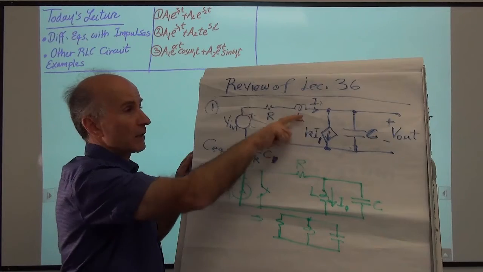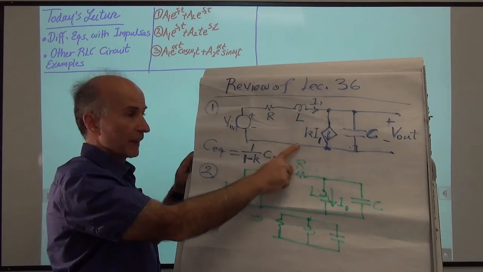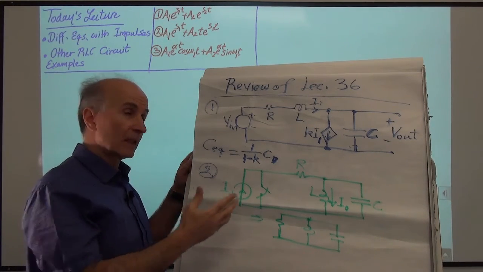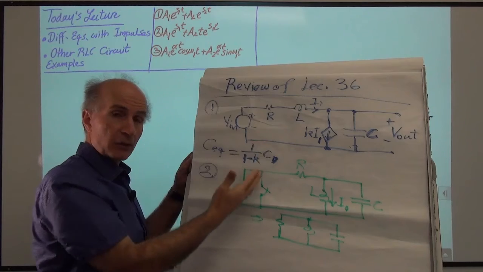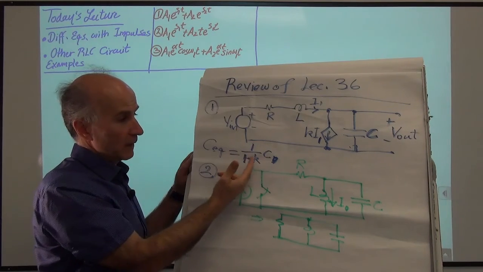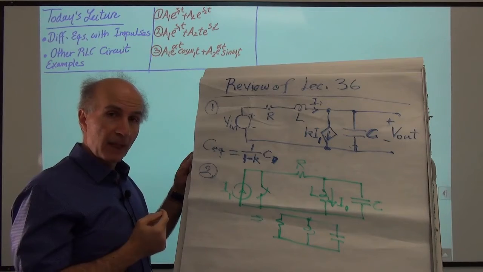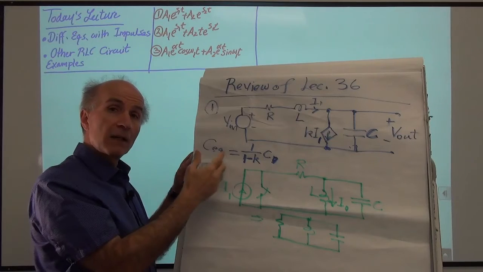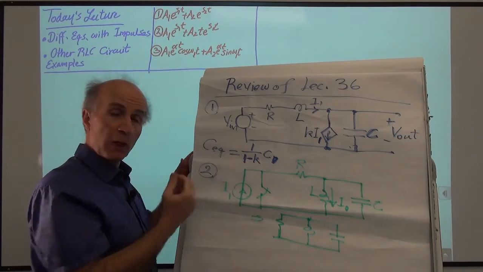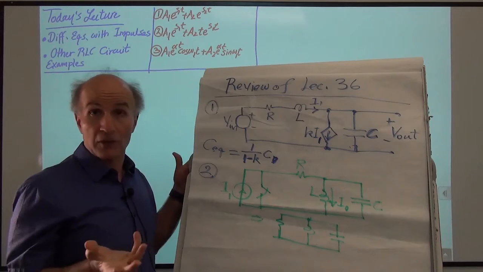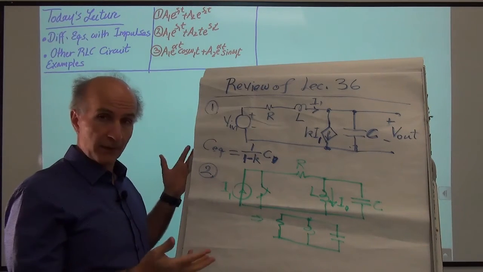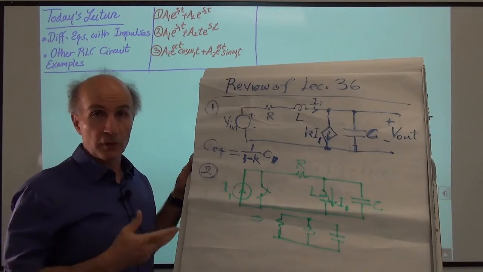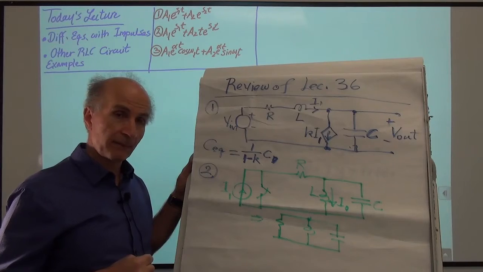And this current source monitors the current through the inductor and multiplies it by K. After we solved the circuit, we saw that the capacitance that appears in our differential equation is of this form, C divided by 1 minus K. And that tells us that equivalently, the capacitance is scaled by a factor of 1 over 1 minus K. That's an interesting property. We haven't seen this in typical RLC circuits, and this arises because we have this dependent current source. So in fact, this is something that we can use in practice.